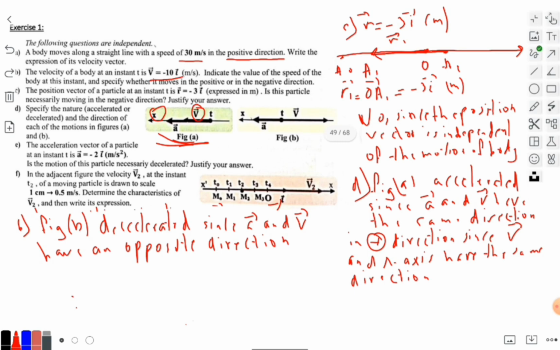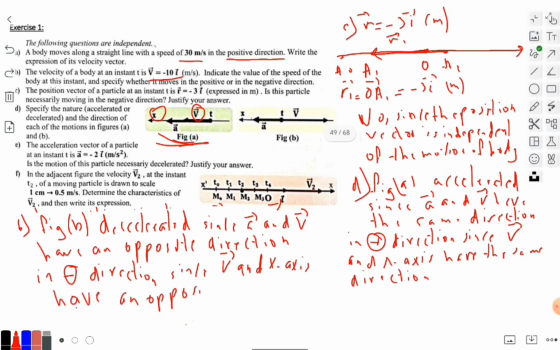So the directions of the v vector and x-axis are opposite, then it is in the negative direction, since the v vector and x-axis have opposite directions. Now part F.